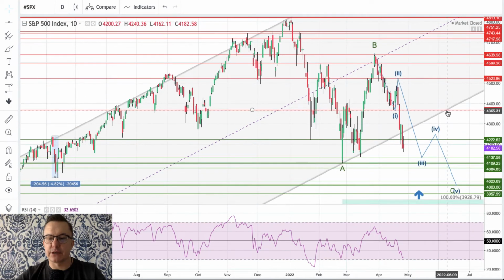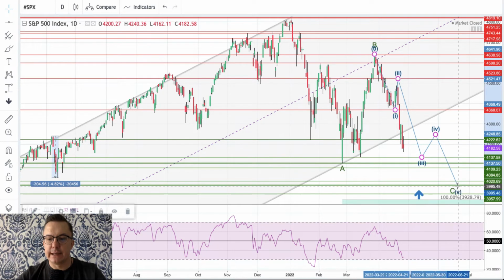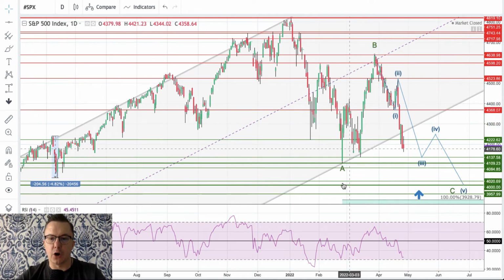So on the daily time frame chart of the S&P 500, still just as yesterday, the target is 3,928, the low for the wave 5, and the whole ABC corrective structure. So far it's looking very good. It's looking good for the bears, of course, because for bulls it's doing something completely unnecessary. However, S&P 500 is still moving according to our scenario, so no change here in the outlook.